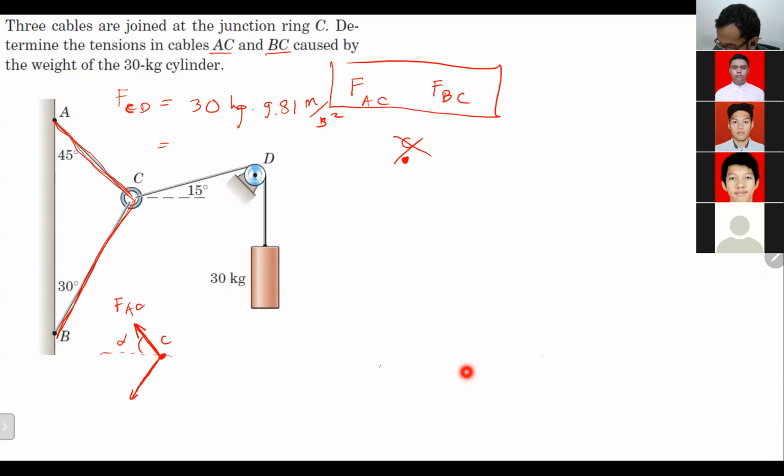If this one is alpha and this one is beta, can you tell me what is the value of alpha and what is the value of beta? It's not that hard. Try to draw it in the main body. 45, sir. Yes, this one is 45. It's supposed to be 45.